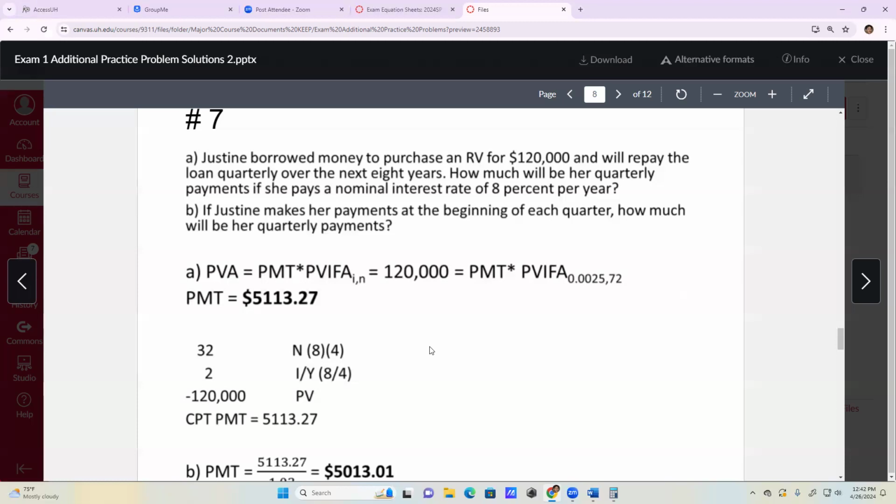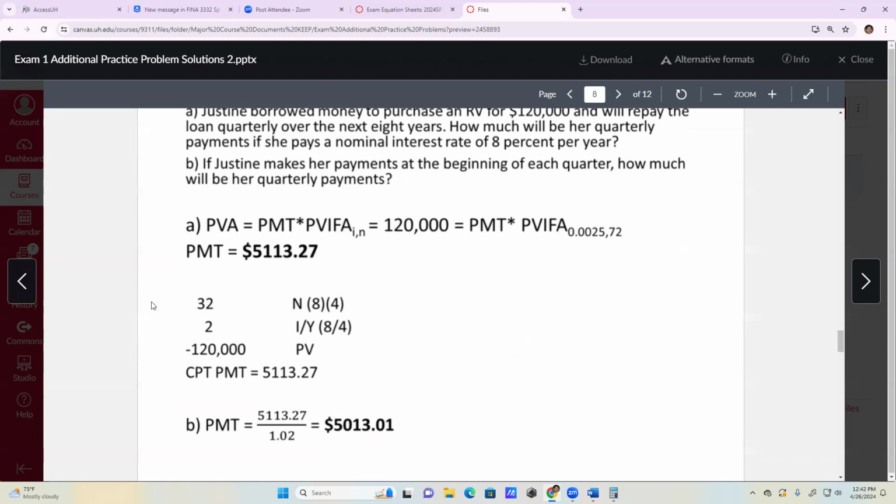Yeah, I do, but for certain questions when I press compute present value or something, it's a different answer than the solution on my calculator, even though I put everything in correctly. For part A, I got it correctly, but for part B I got a different answer.